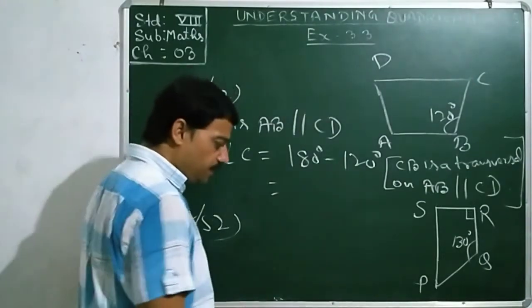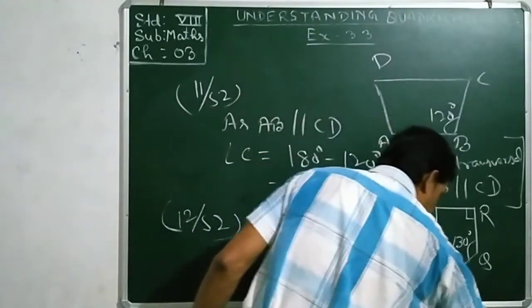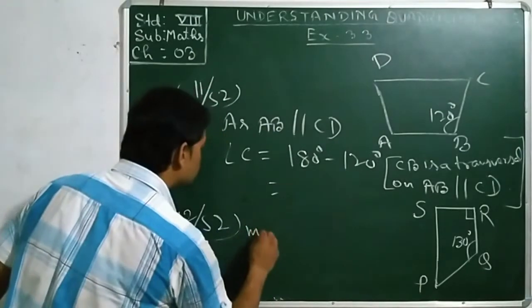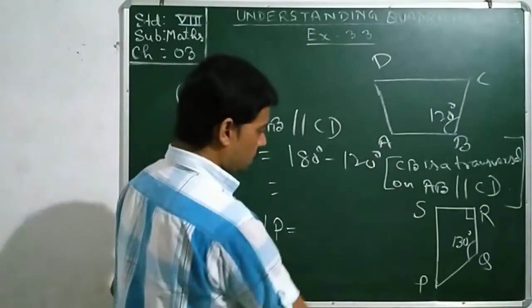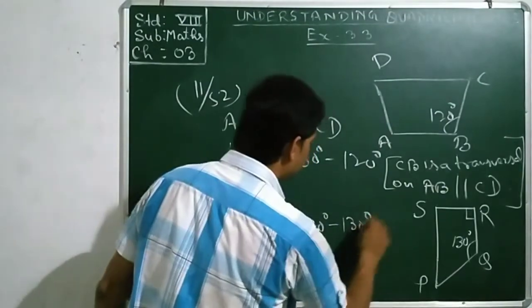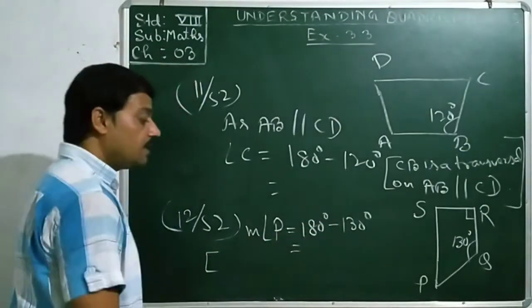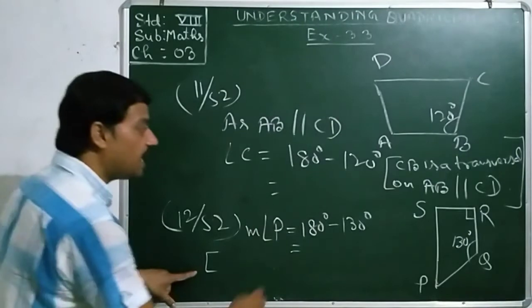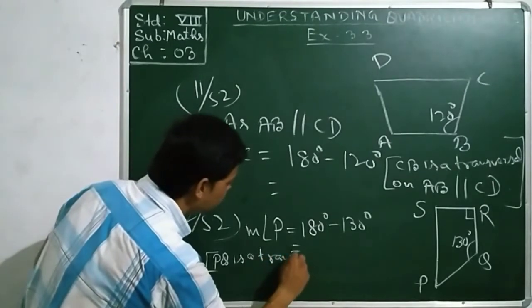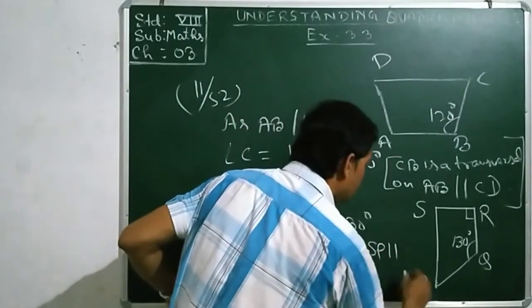So directly you can write here the measure of angle P, which has been asked, equals 180 degrees minus 130 degrees. Reason? There is a lack of space here, so I will specify the reason here: PQ is a transversal on SP parallel to RQ.